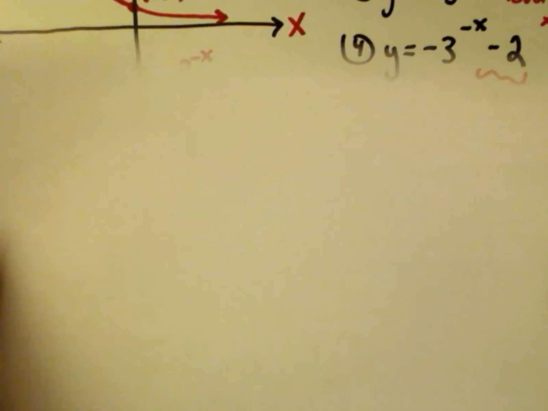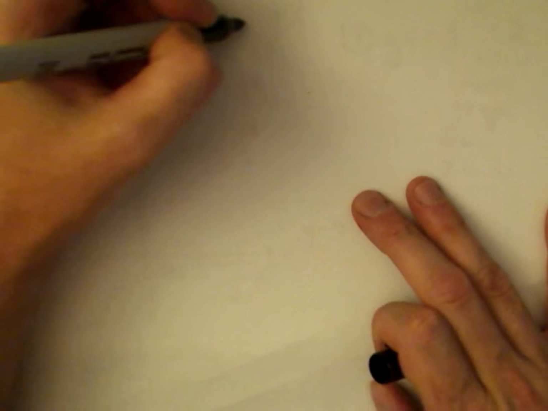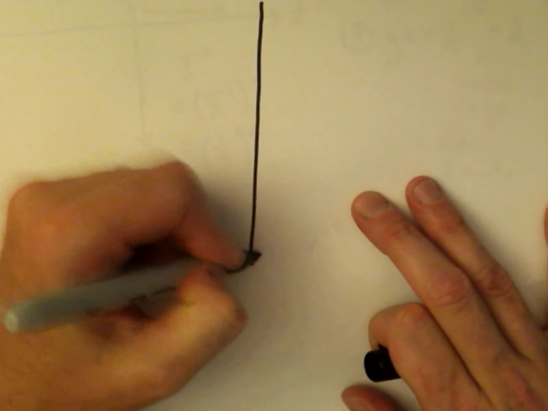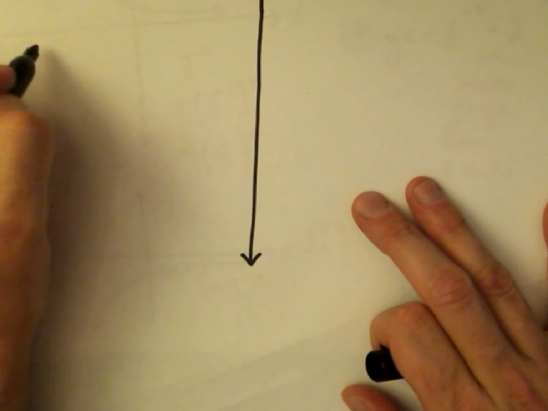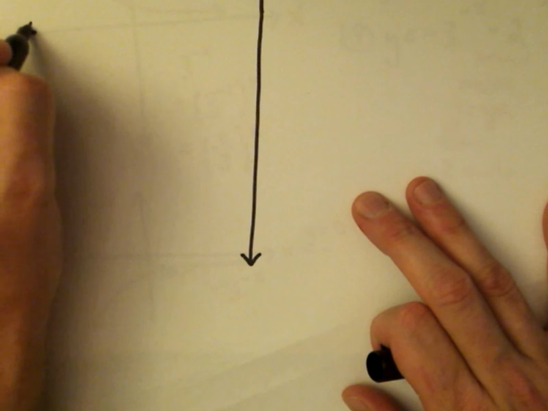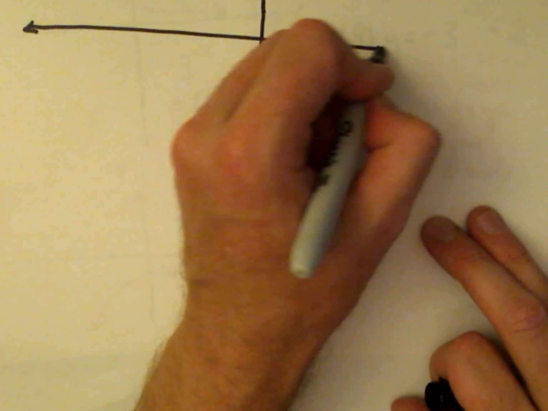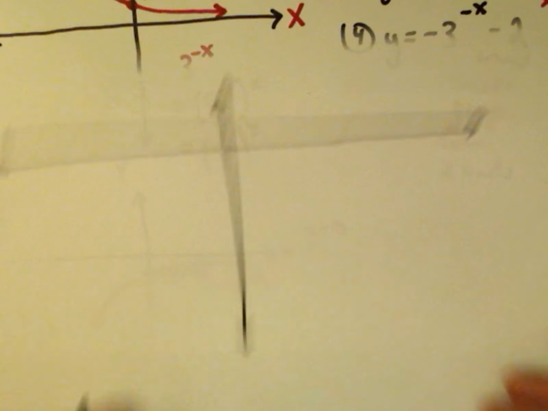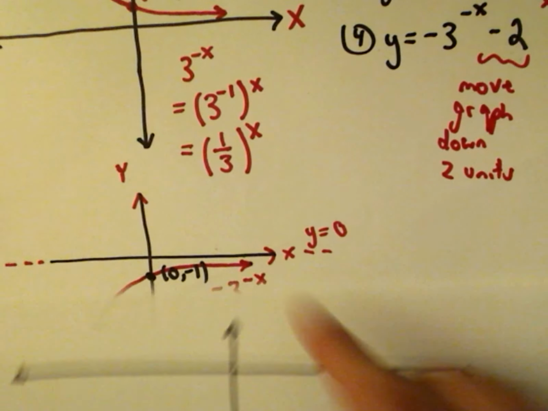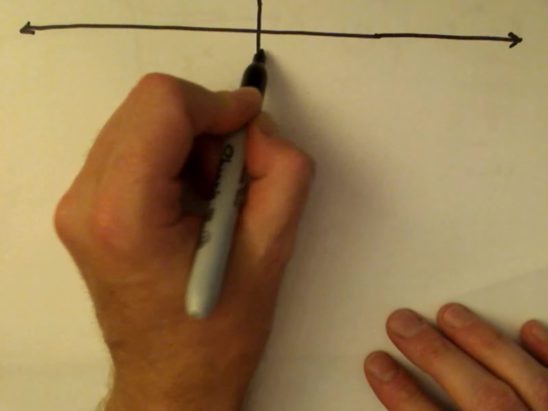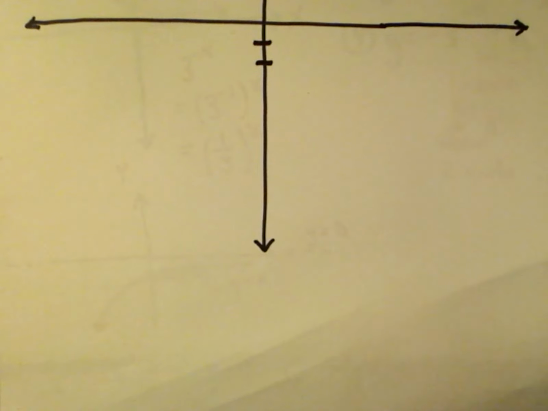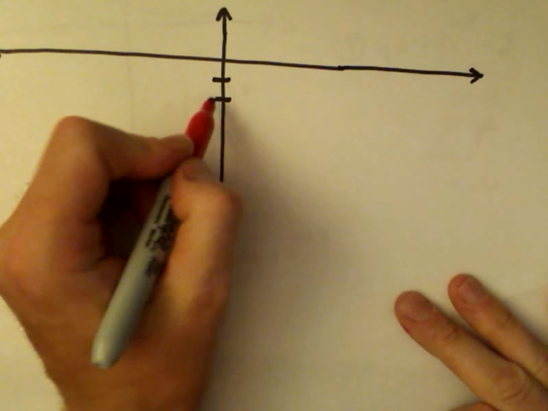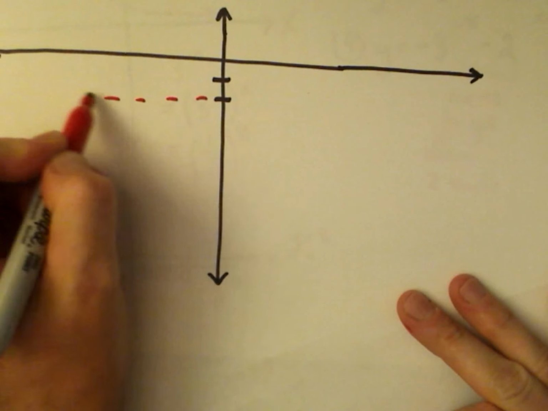And then I'm just going to make, again, a real rough sketch, and we will be finito. So the most exciting stuff ever. Probably not. Okay, so at y equals 0, that was our horizontal asymptote. We're going to move it down 2 units. So now our horizontal asymptote will be at y equals -2.